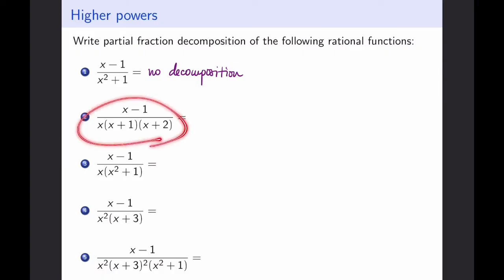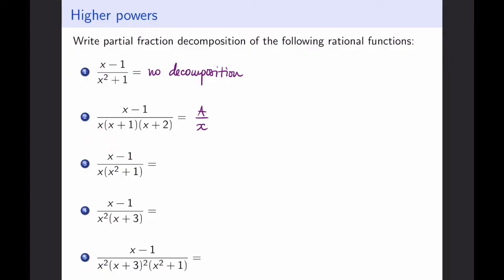For this next one, what do we have? I have that the bottom is already factored out for me, and I in fact can see 3 different linear factors. So the breakup here would be some constant divided by the first linear factor. Don't let this confuse you. This x is actually, if you prefer, you can rewrite as x plus 0 and then see that it's a linear factor like any others.